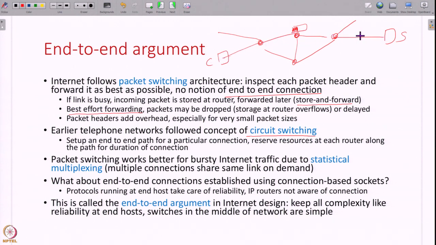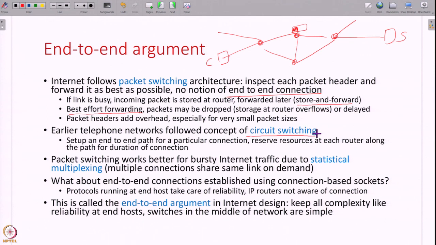Everybody along the path knew that this connection was set up, and when the call ended, this connection would be taken down. That is, everybody knew of the end-to-end connection, maintained state, reserved resources for it. That is called circuit switching.